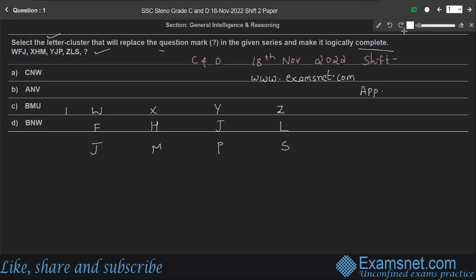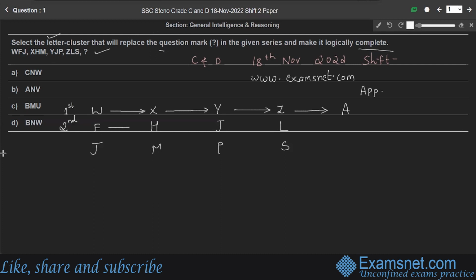So we'll consider all first letters. W and X are continuous letters, and X and Y are continuous letters, Y to Z. Therefore, in the next cluster, the next letter after Z is again A. Now we'll consider all second letters.